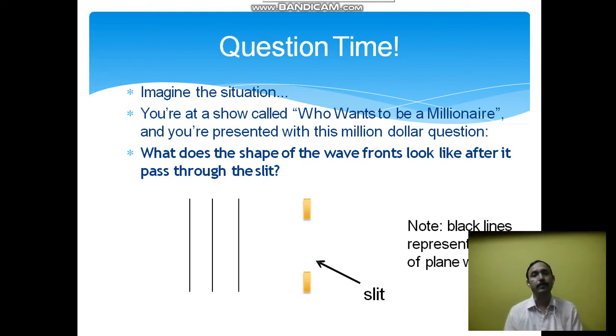What does the shape of the wavefront look like after it passes through the slit? This is a slit. These are the wavefronts. These black lines represent the crests of a plane wave, and this is the slit.